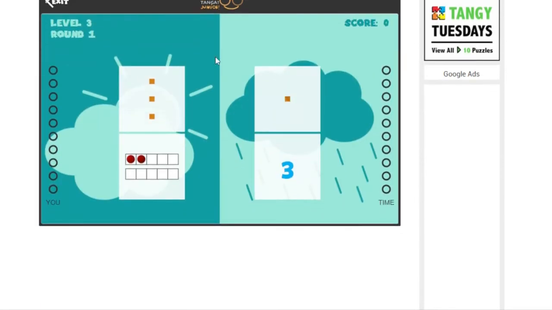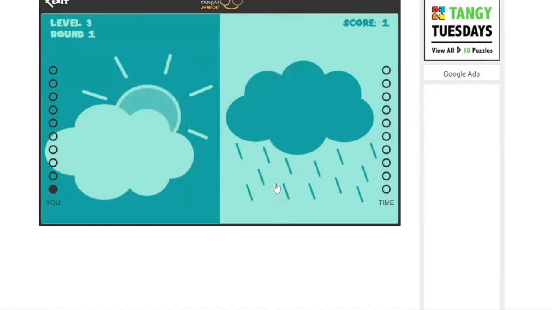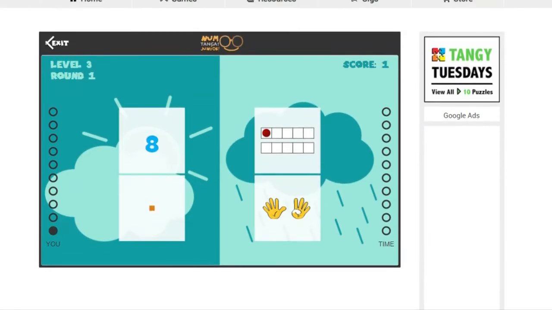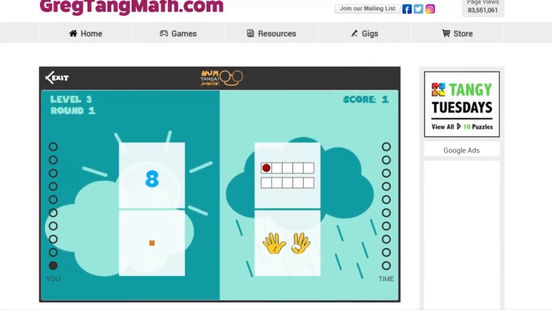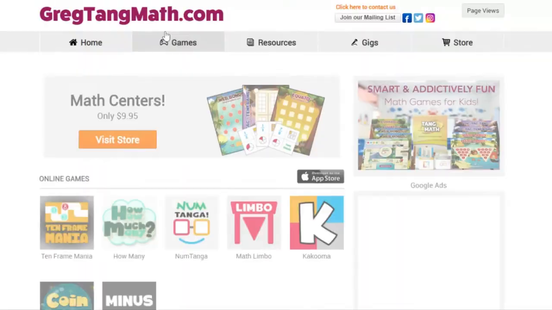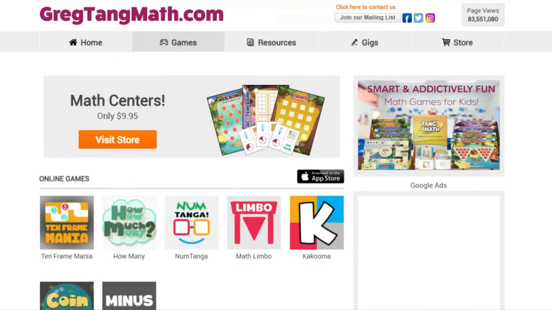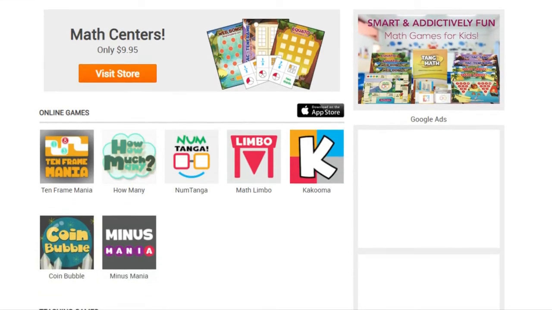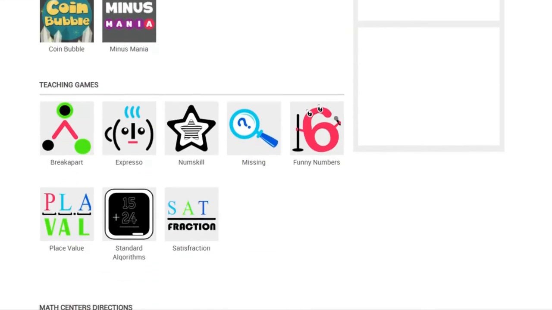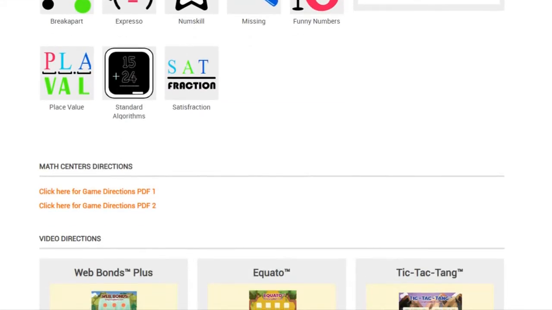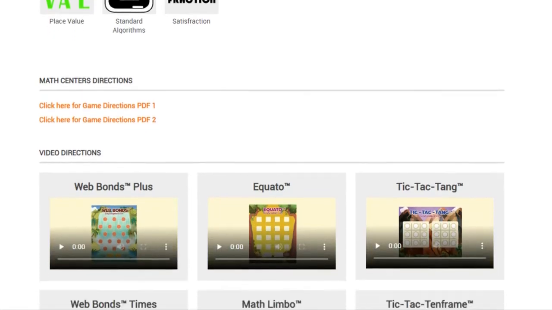And then they basically have to match picture representations with number representations. So this is going to help with subitizing and number sense also. And the more we can do that on the front end, the easier things will be for them on the back end. So there's lots of things here.